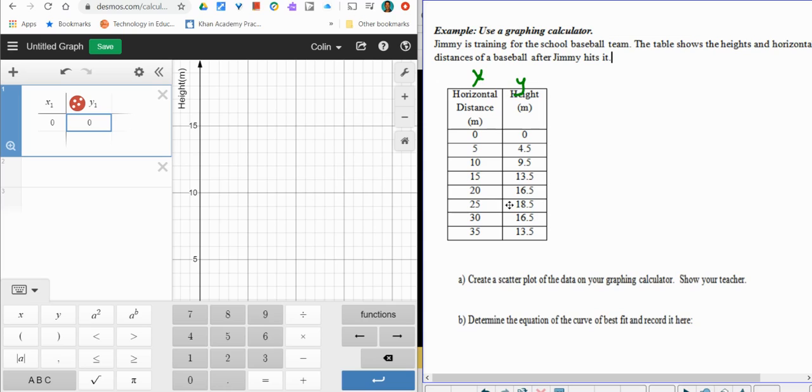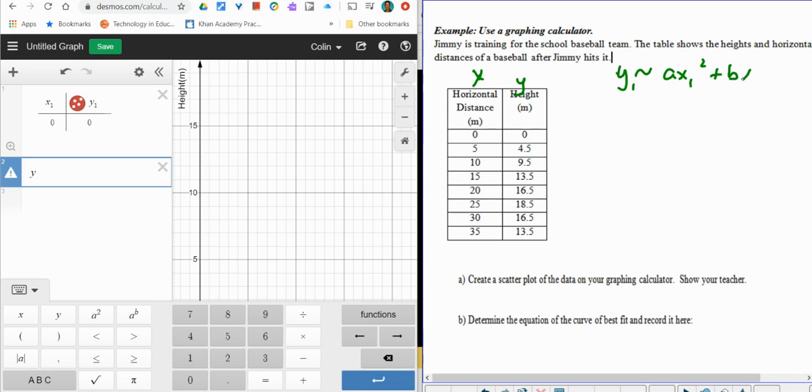Next, before we put all this information in, I'm going to go and build that model. So remember, it was y is similar to y1 is similar to ax1 squared plus bx1 plus c. You got to put these numbers in, okay? So 1.